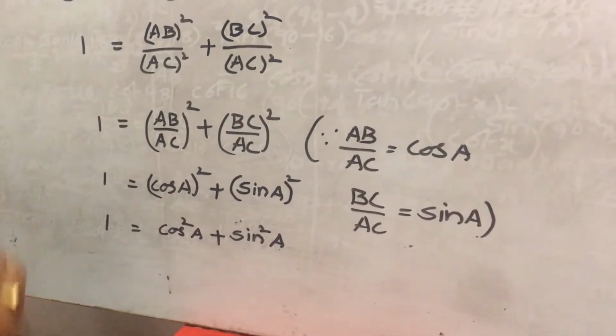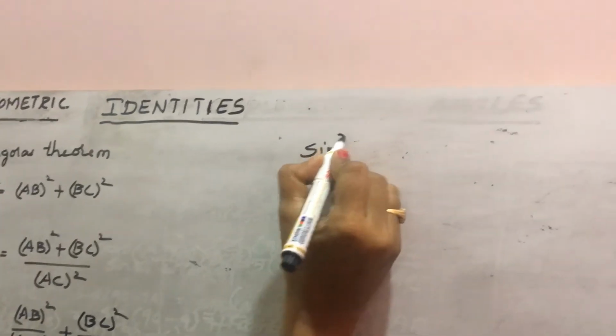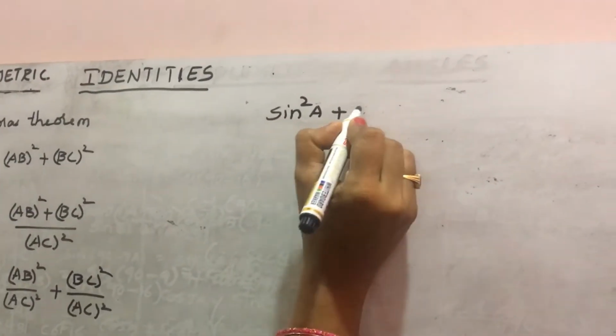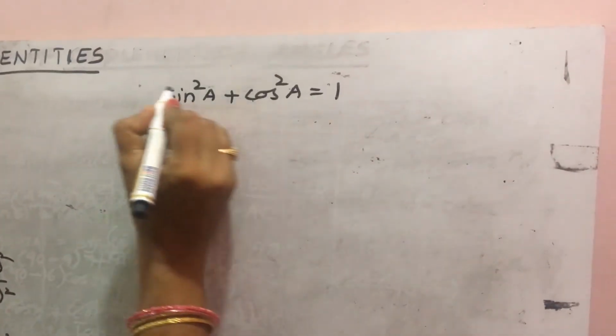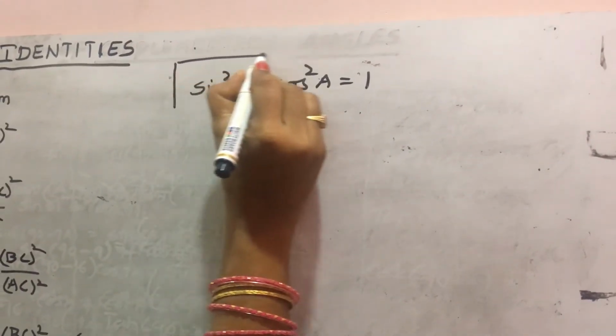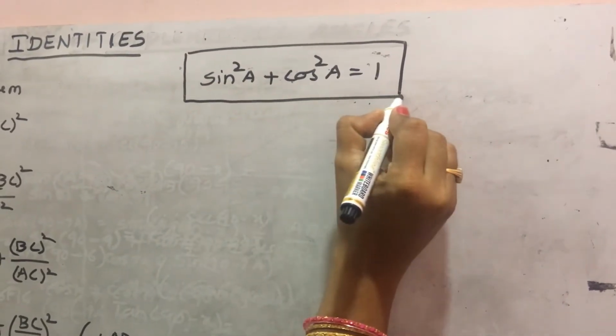From this, we can conclude that sin square A plus cos square A is equal to 1. This is the trigonometrical identity.